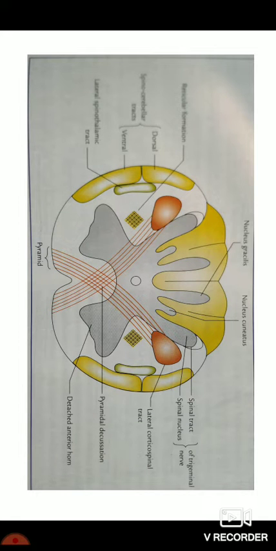So the first level we will take is at the level of the pyramidal decussation. In the pyramidal decussation, the nucleus gracilis and the nucleus cuneatus will be present on the posterior aspect of the central gray matter, and at the apex of the posterior horn, we will see the spinal nucleus of the trigeminal nerve.